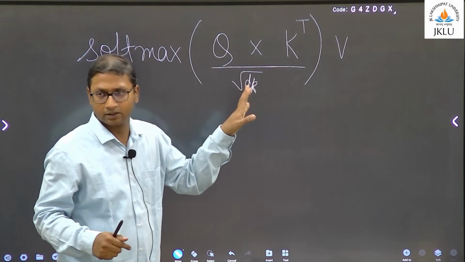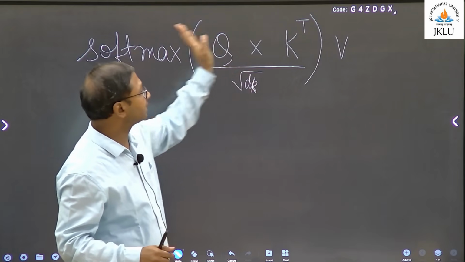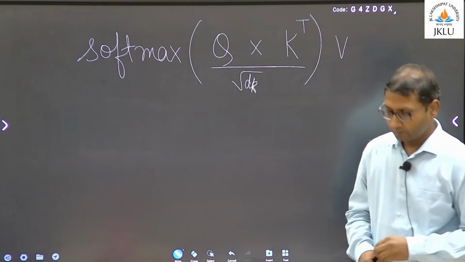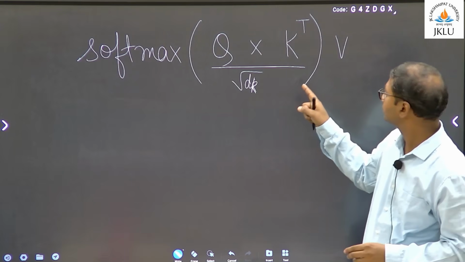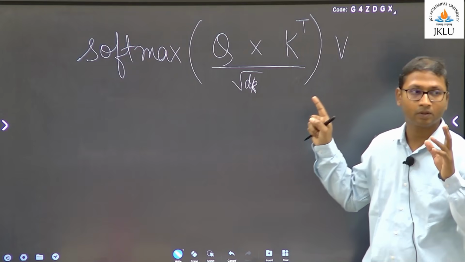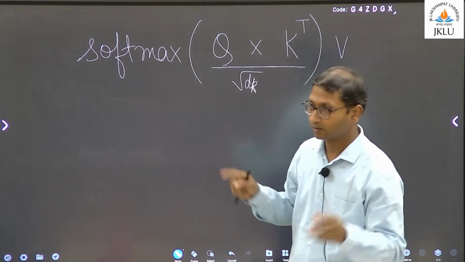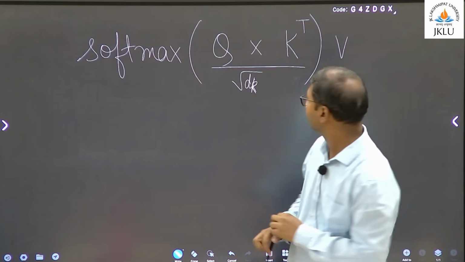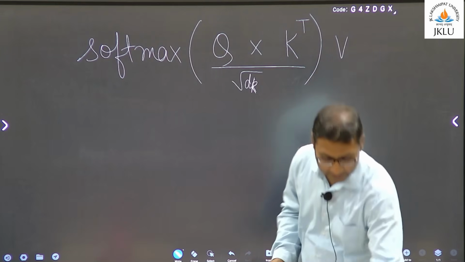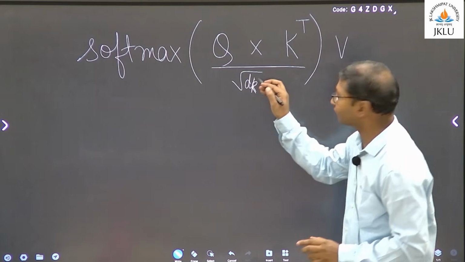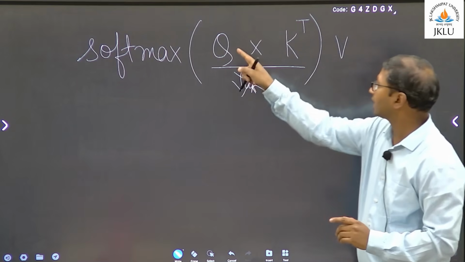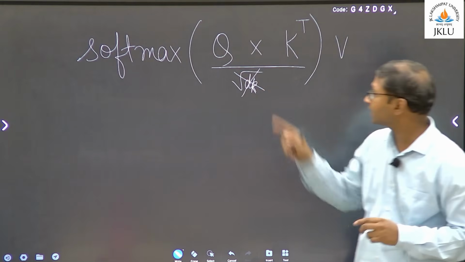Keeping this as a scalar, just explain the rest. What is this part doing? Forget decay, we'll bring this in the next class. So I'll just cross it out. What happens to Q cross K transpose? What are the dimensions of Q?